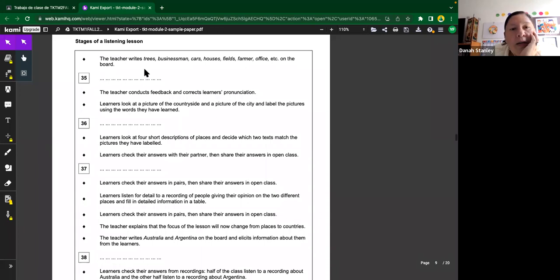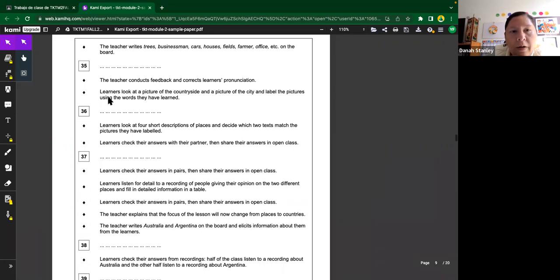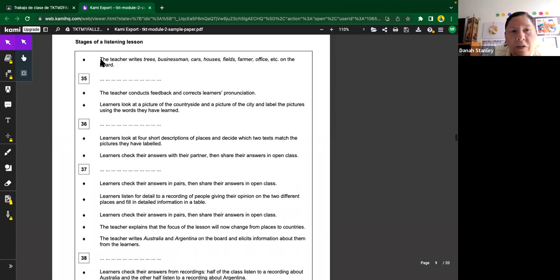The teacher writes trees, businessman, car, houses, fields, farmer, office, etc. on the board. The teacher conducts feedback and corrects learners' pronunciation. Learners look at the picture of the countryside and a picture of the city and label the pictures using the words they have learned. So this is the presentation, no?